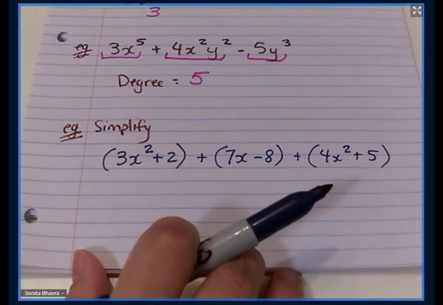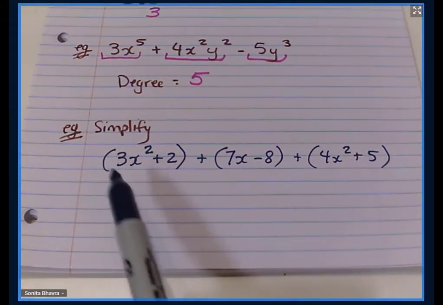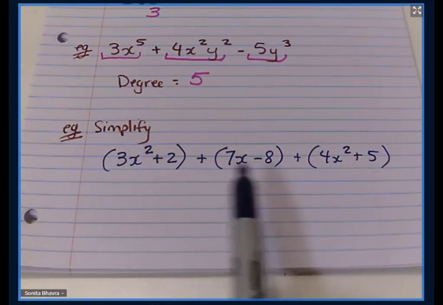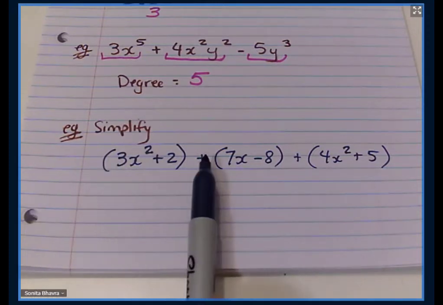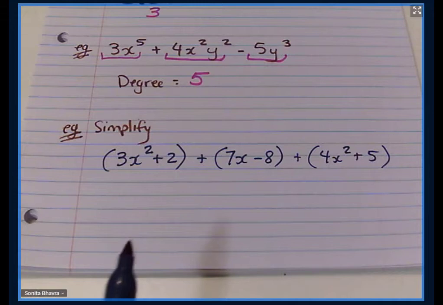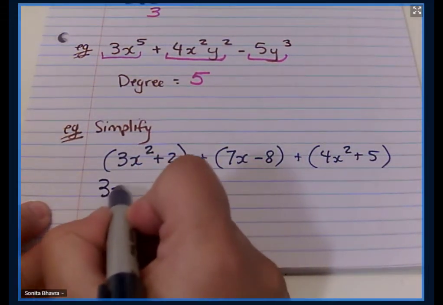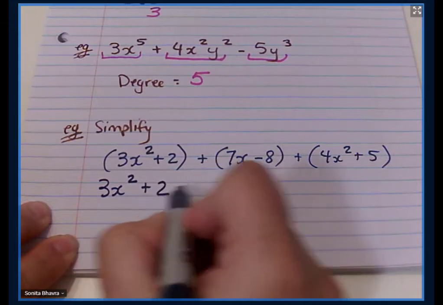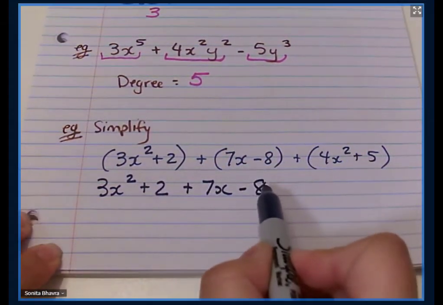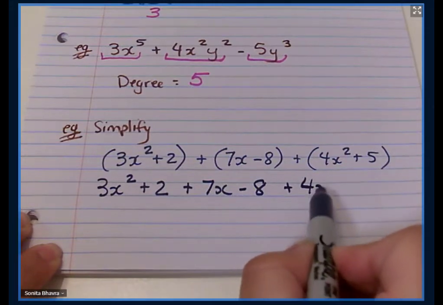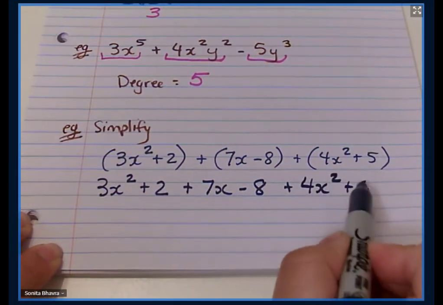All right, so for this question, we have three brackets, and they're all just being added. There's no number in front of the brackets, so all we have to do is open up our brackets and then collect like terms. So we have 3x squared plus 2 plus 7x minus 8, and then plus 4x squared plus 5.